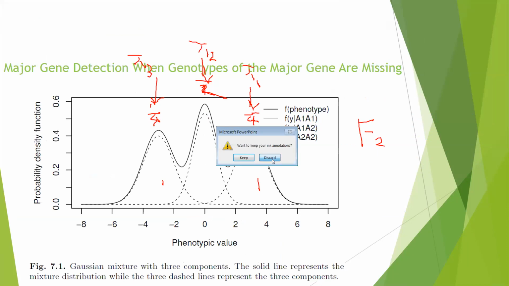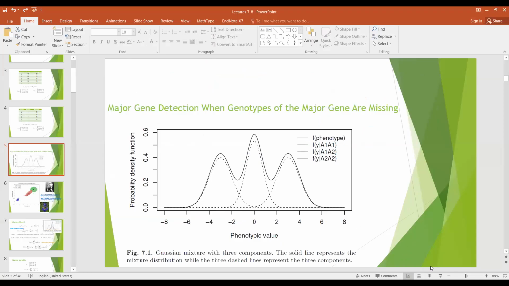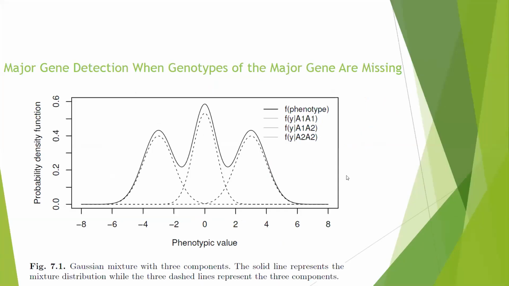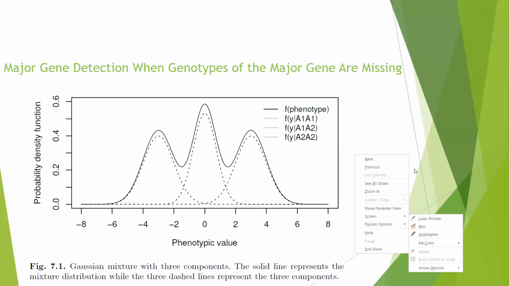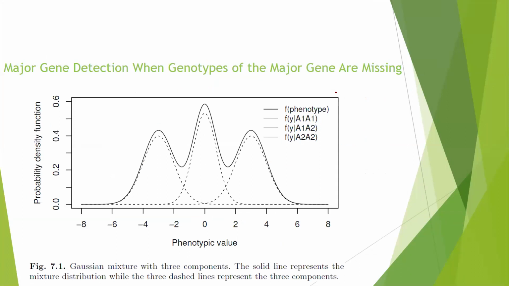Right, yeah. So we don't know which. But if this is a typical locus, let's say A1, we have 3 genotypes for the F2 population.